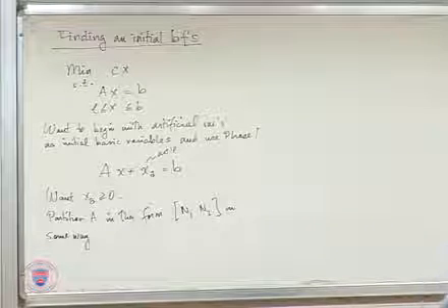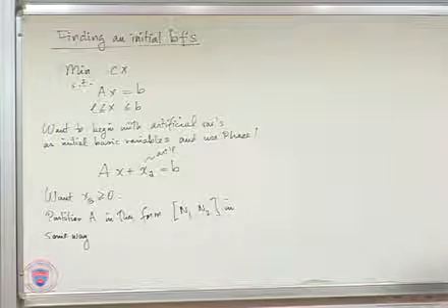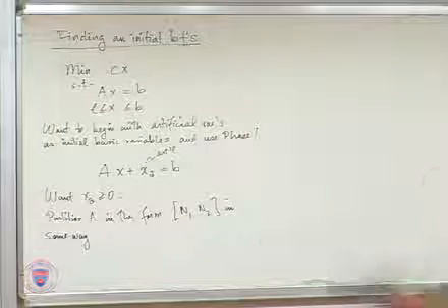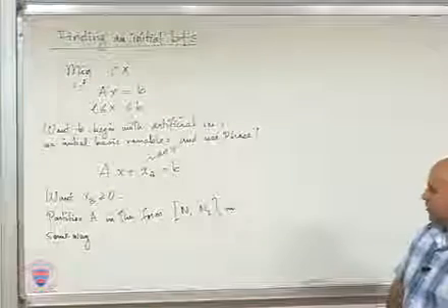Just partition in some way. Whichever ones you want to put at the lower bound, put them at the front. The other ones will be at the upper bounds, okay?